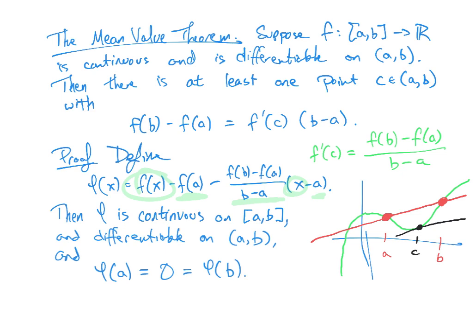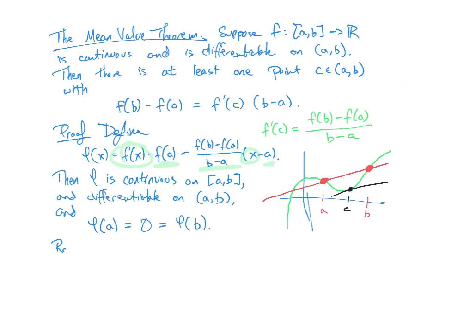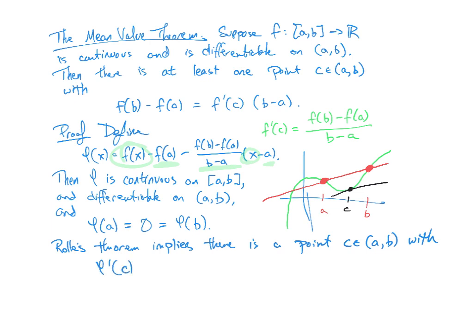So now, Rolle's theorem says there's a point where the derivative is 0. So phi prime of c has to be 0.